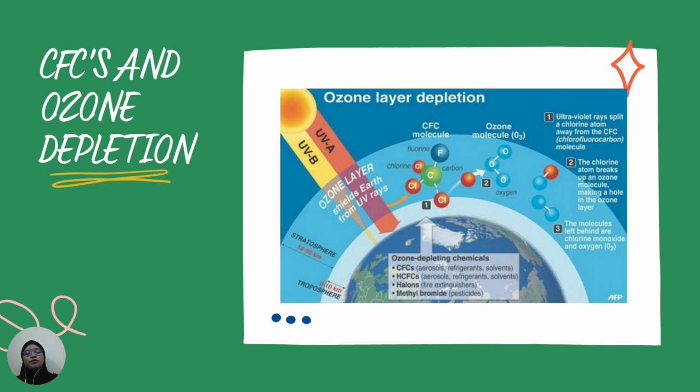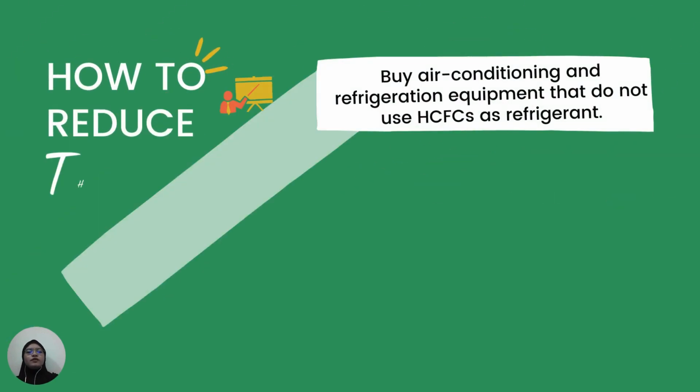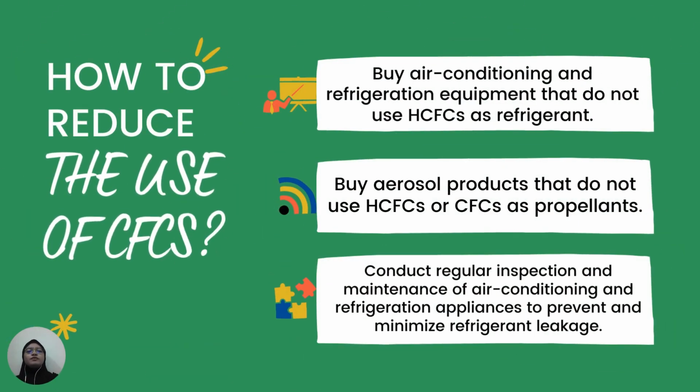So, how to avoid the ozone depletion? To avoid the ozone depletion, we need to reduce the use of CFC. There are a lot of ways to reduce the use of CFC. One of the ways is we can buy air conditioning and refrigeration equipment that do not have CFCs as refrigerants.